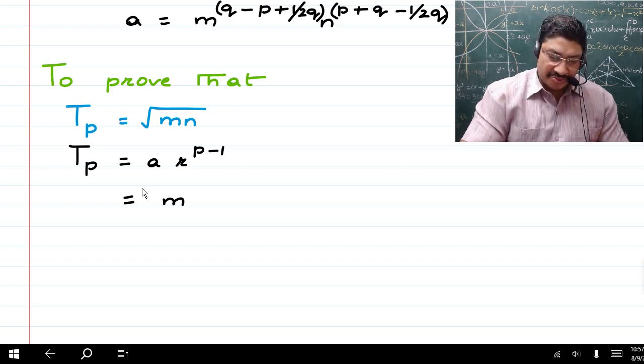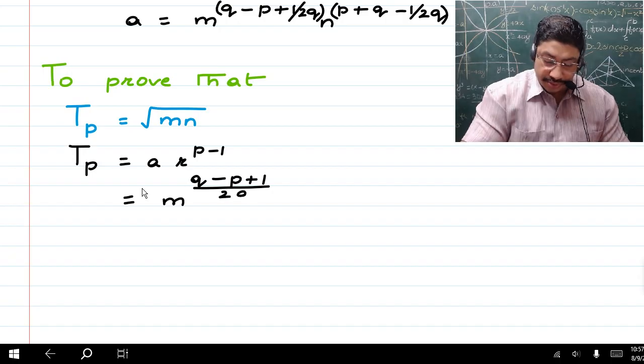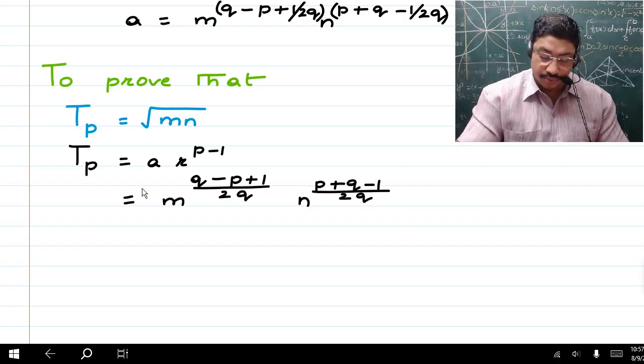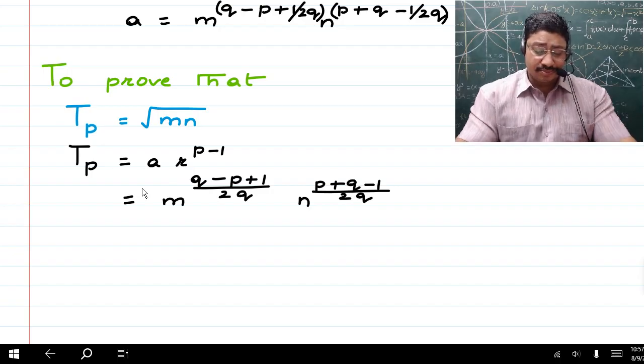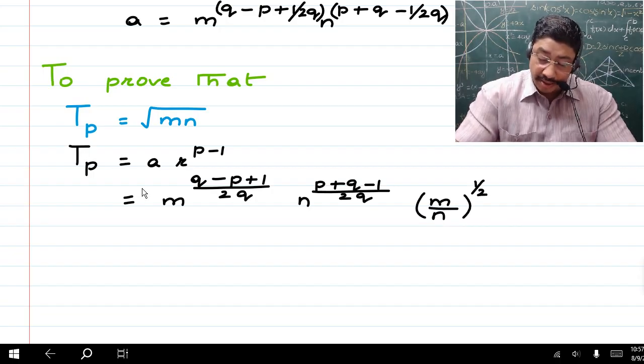Okay, so we have m, which is raised to the power q minus p plus 1 whole raised to the power 2q, and the power of n is p plus q minus 1, which is divided by 2q. Okay, so this is what a is, and we already know what the value of r is. It is m upon n, which is raised to the power 1 upon 2q.